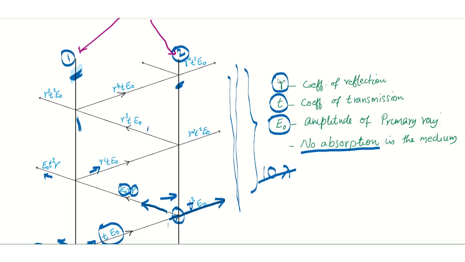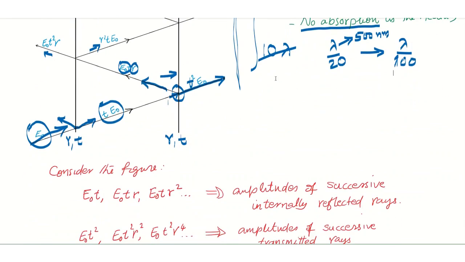What we are looking at is something like lambda by 20. Here lambda is the optical wavelength, let's say 500 nanometers, and lambda by 20 to about lambda by 100. Extremely flat optical surfaces are necessary for this type of interference to occur.